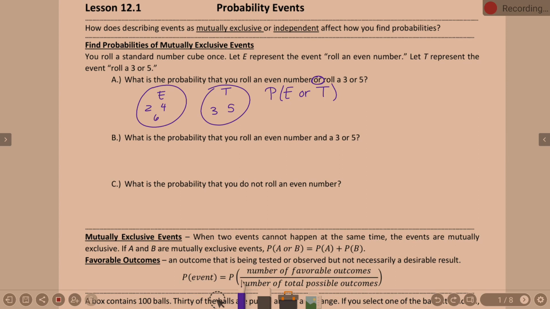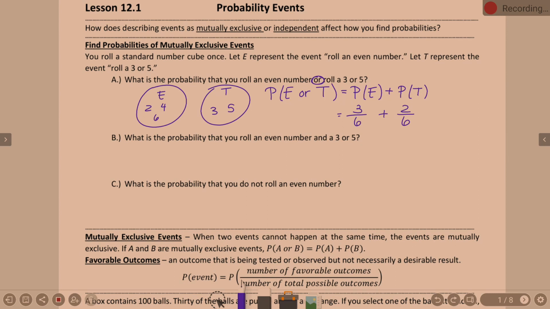So when you see probability of E or T, this is the probability of E plus the probability of T. Probability of E, there are what? There's 3 options out of, we talked about a number cube has 6 sides. Probability of T, there are 2 options, the 3 and the 5, out of how many pieces or out of sides? 6 sides.